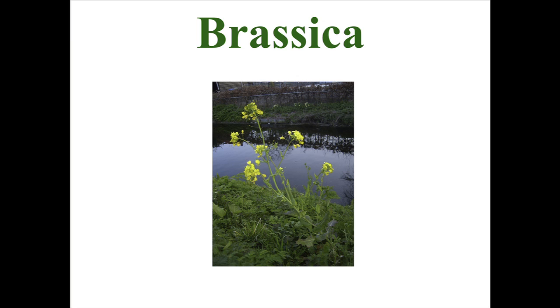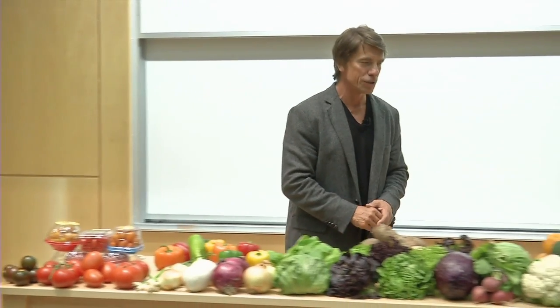Let's take the genus Brassica. So the Brassica is part of the Brassicaceae, or the cruciferous plants. And there's a large number of our vegetables that are derived from that family. It's the mustard family, shown here in this slide as wild mustard.